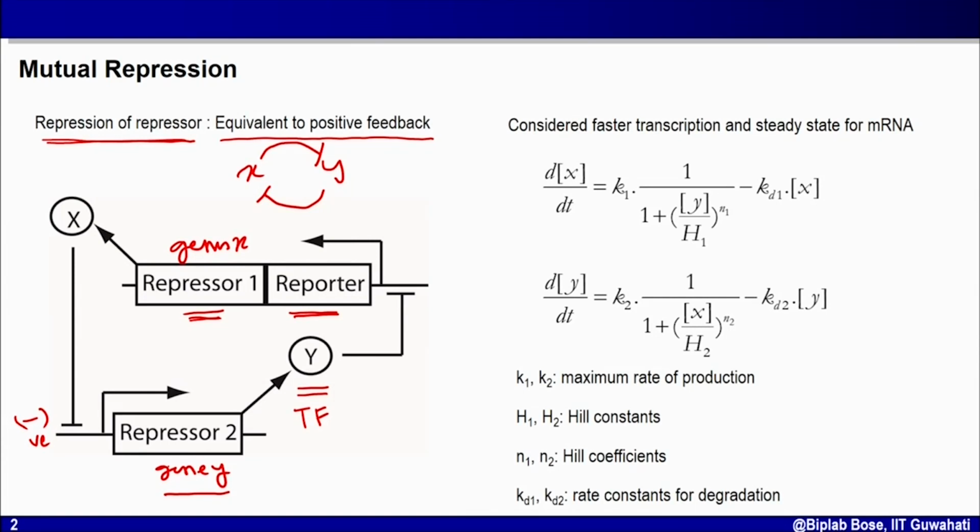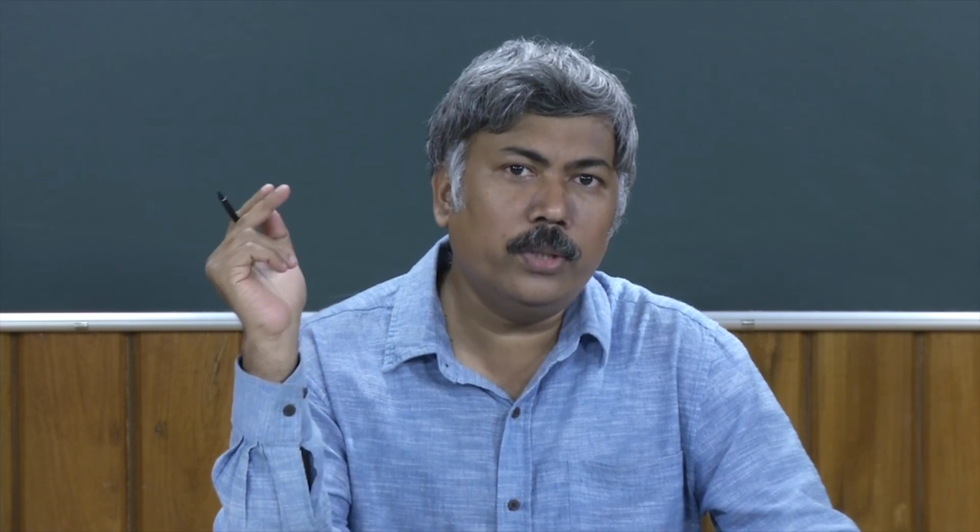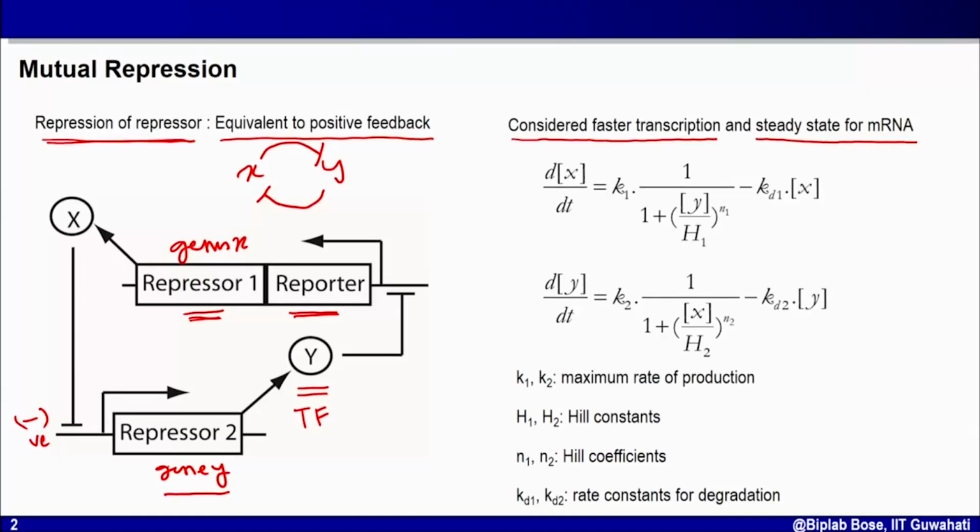So the assumption that I am making is I am considering faster transcription, and that leads to steady state for mRNA. Once I have made this assumption, that means I do not have to write an ODE for mRNA of X and mRNA of Y, because mRNA of X and mRNA of Y have already reached the steady state at a very early time point. So I will have only two ordinary differential equations, one for protein X, and another ODE for Y.